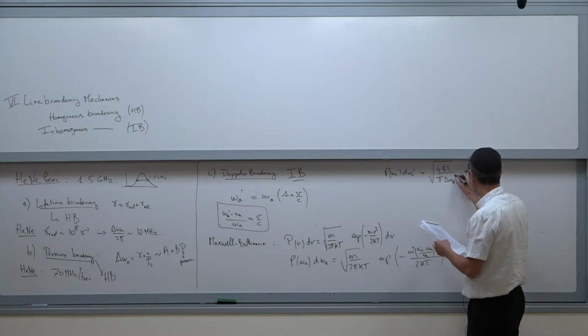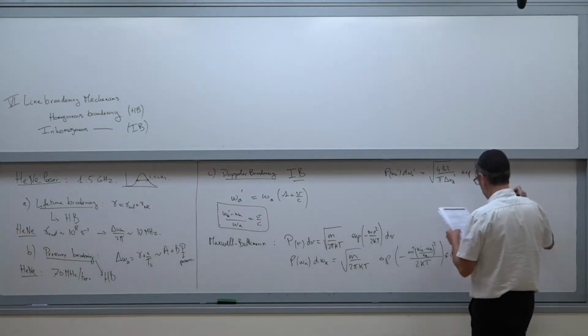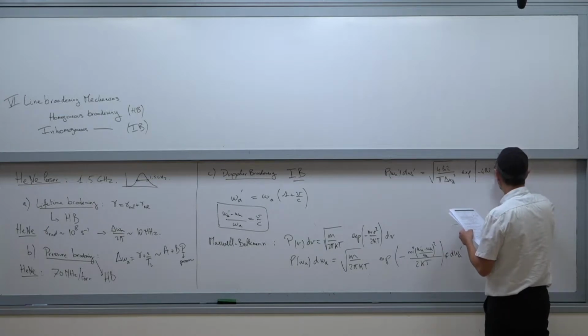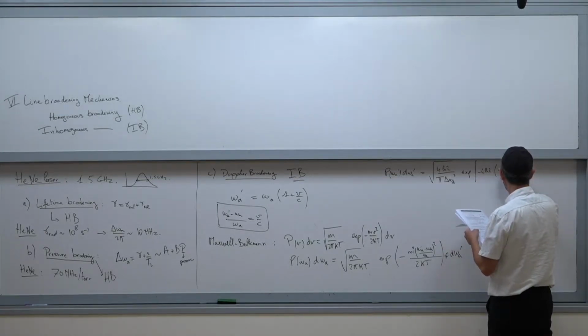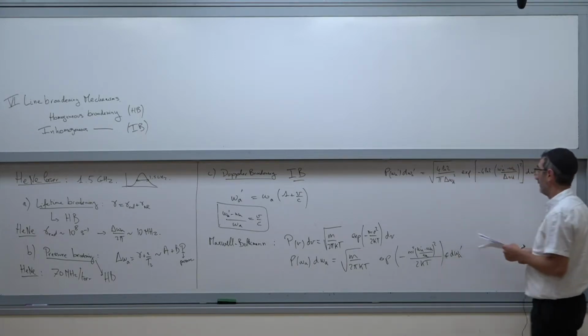This is squared times exponential of minus 4 log of 2, don't worry about the constant, times omega prime a minus omega a over delta omega d, everything squared, d of omega a prime. Okay?